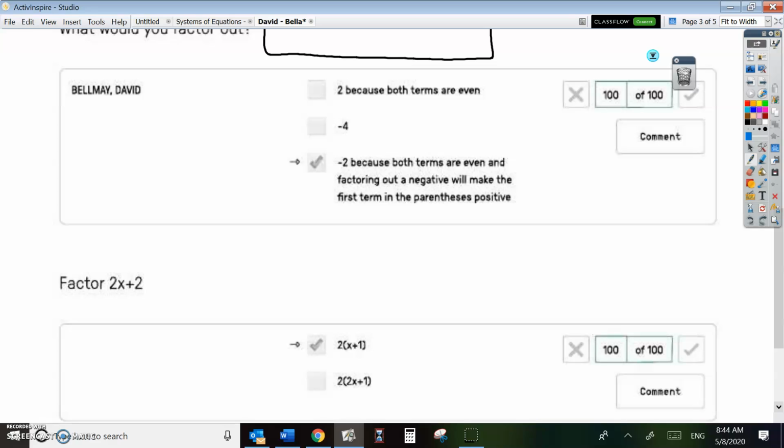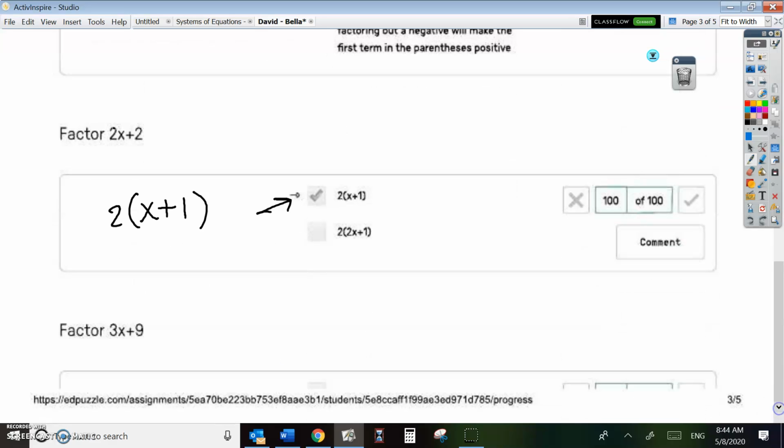Okay, factor 2x plus 2. So they're both even. This is the correct response. Factor 3x plus 9. So 3, 1 and 3, 9, 3 and 3.